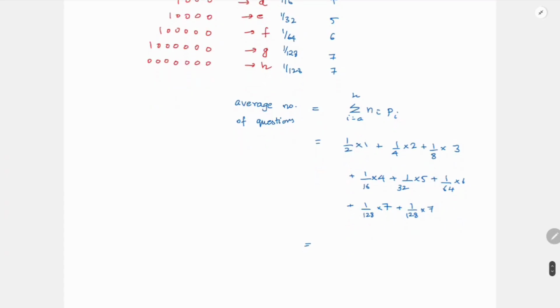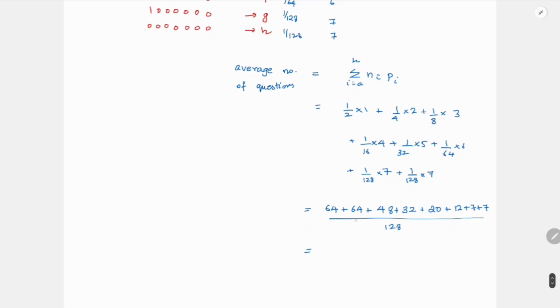So we can just take LCM as 128. Then we'll get 64 plus 2 into 32, which is 64 again, plus 3 into 16, which is 48, plus 4 into 8, which will be 32, plus 5 into 4, which is 20, plus 6 into 2, 12, plus 7 plus 7, divided by 128. This will be our average number of questions.